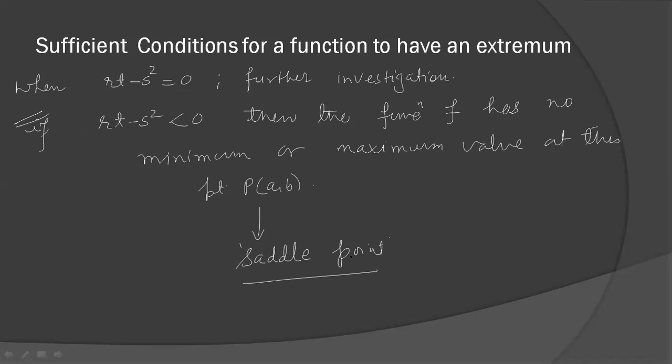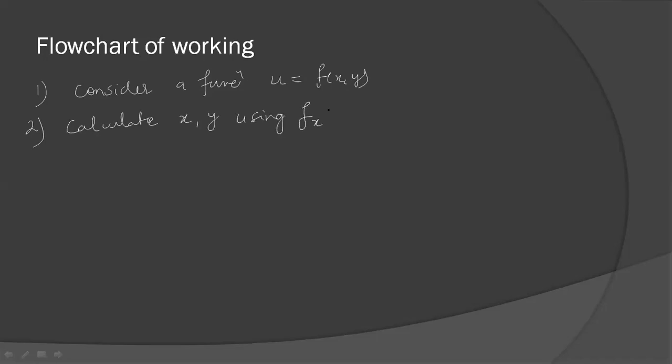So what is the flow chart in the two variable case to find maxima and minima? Let's see. First step, consider a function u equal to f(x,y). Second, calculate x and y using del f by del x equal to 0 and del f by del y equal to 0.